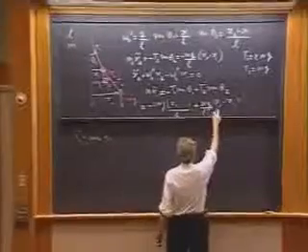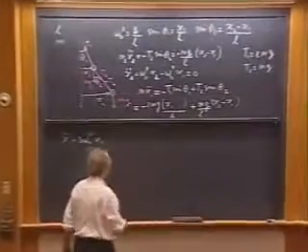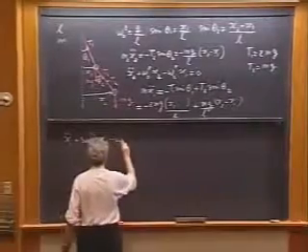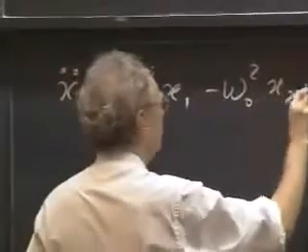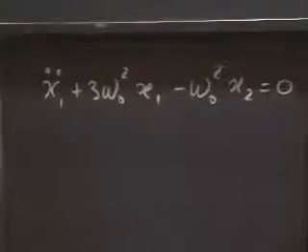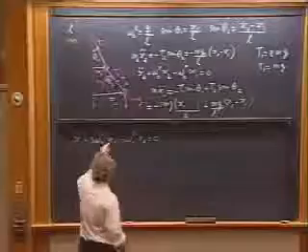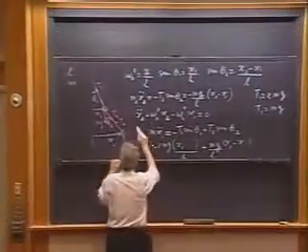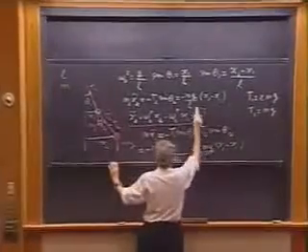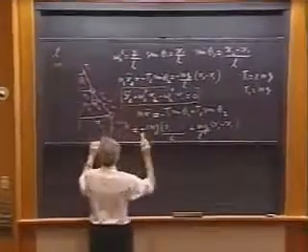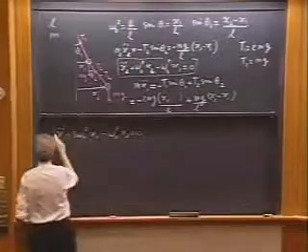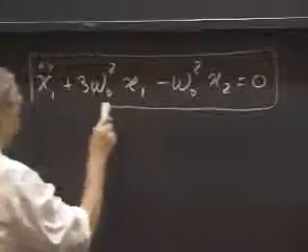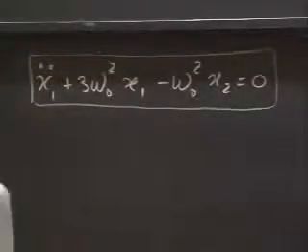And then I have to bring x2 out. That becomes minus omega 0 squared times x2. And that is a 0. And so we have to solve now this differential equation coupled with x1 and x2 together with this one. My solution has to satisfy both.